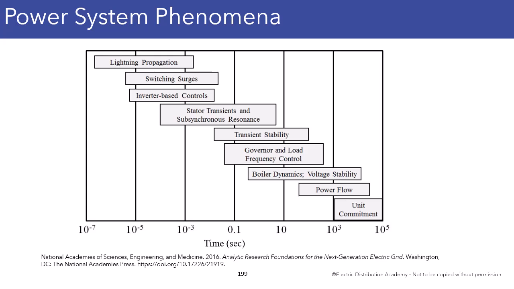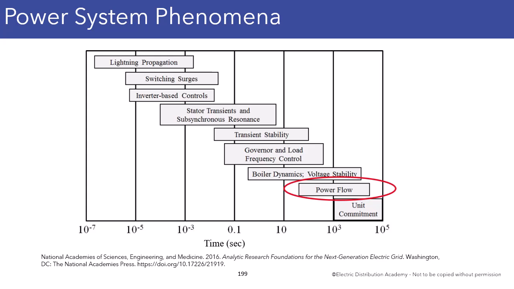For example, over here in power flow, we're looking at 10 to the third second, so that's about 1,000 seconds. But power flow is pretty much a steady state type of study, as well as short circuit.